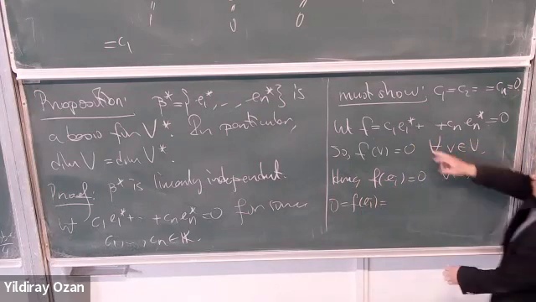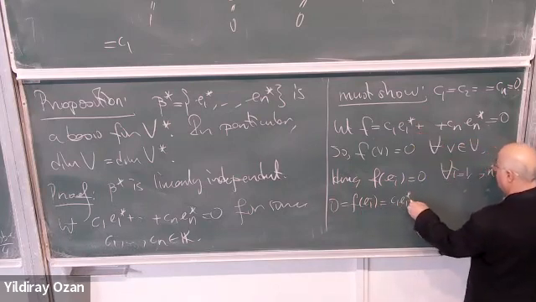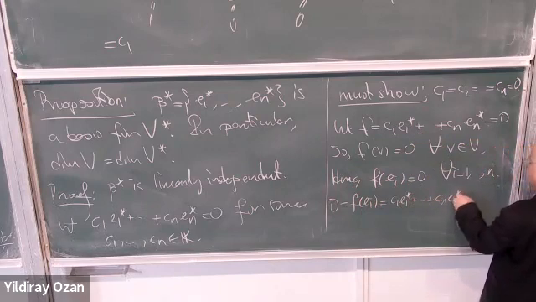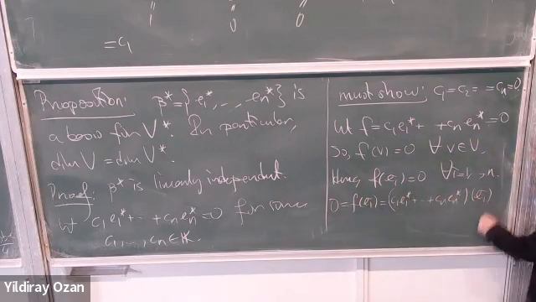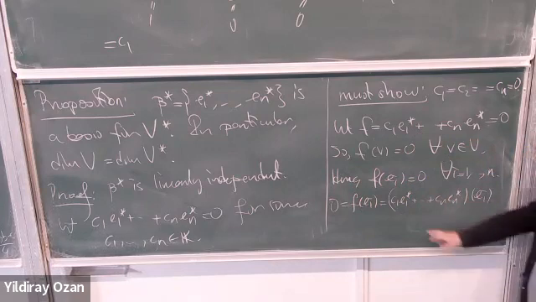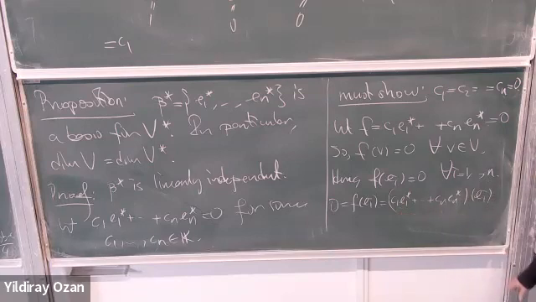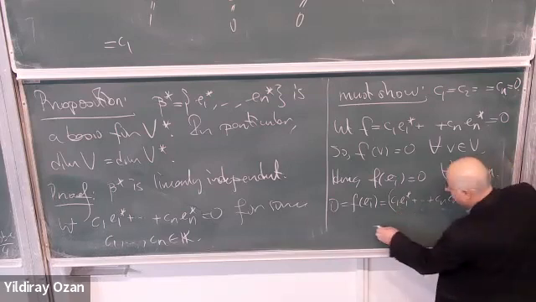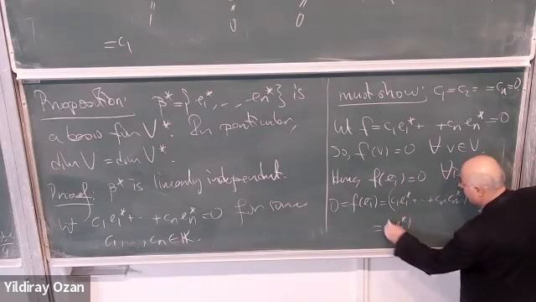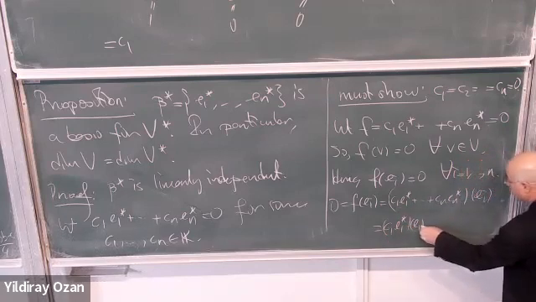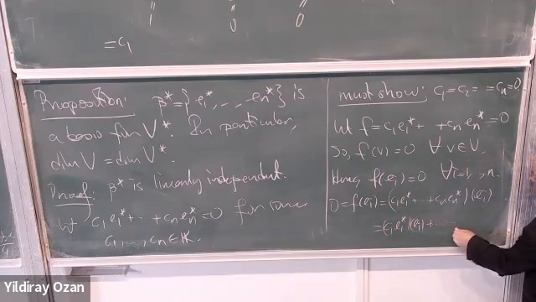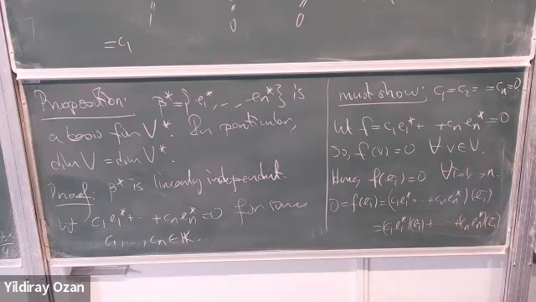F of Ei is just C1 E1 star plus up to Cn En star, evaluated at the vector Ei. These are functions, right? F plus G plus H plus K plus whatever. Several functions added up, and you want to compute the sum at this point. This is the same thing as C1 E1 star evaluated at Ei, and so on, up to Cn En star evaluated at the vector Ei.